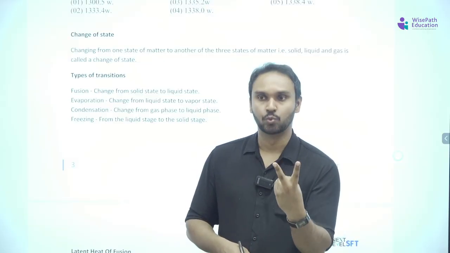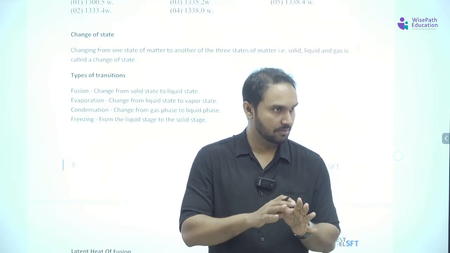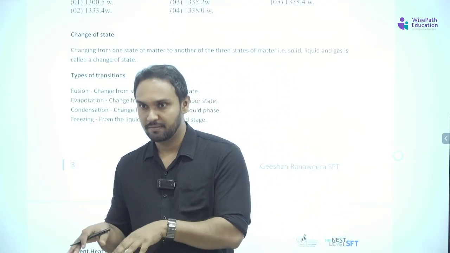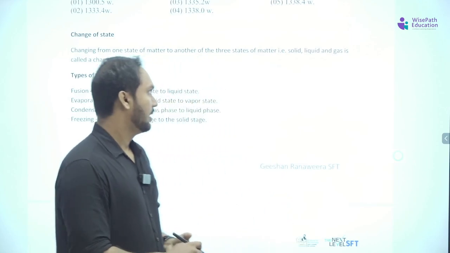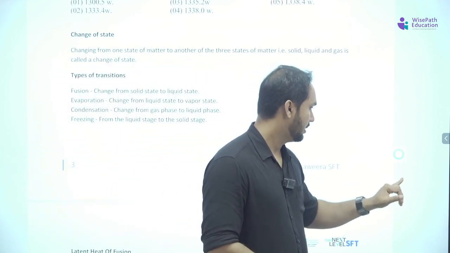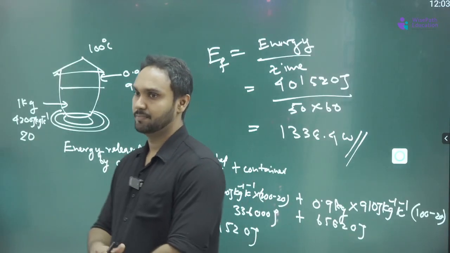So we only have two, fusion and evaporation. Those are the only two things that we calculate in the thermal physics part. That's all. Now that is the next question, and you have to understand it properly. So what happens in a state change?